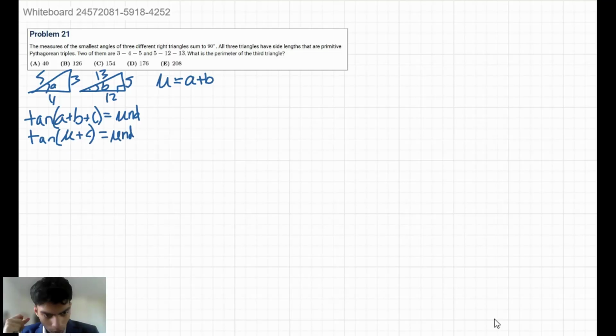So obviously our formula for adding two angles and getting the tangent of that would be tan A plus tan B over 1 minus tan A times tan B. So this would be tan U plus tan C over 1 minus tan U tan C.